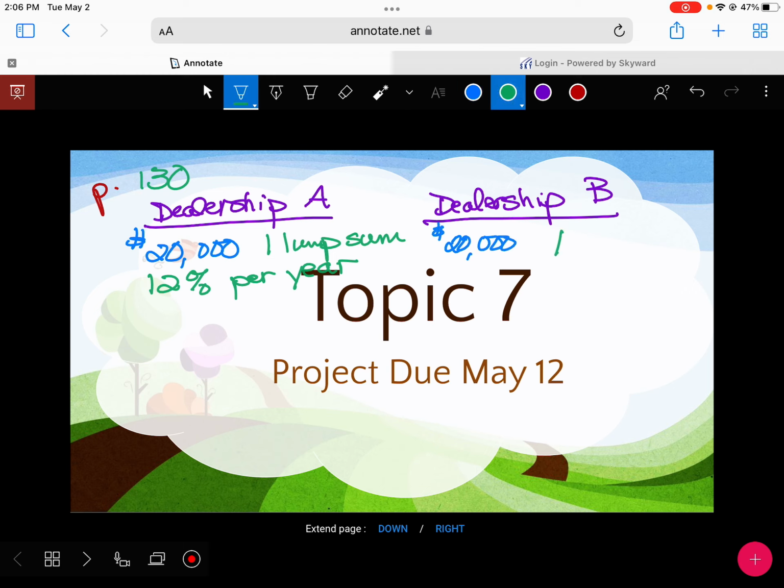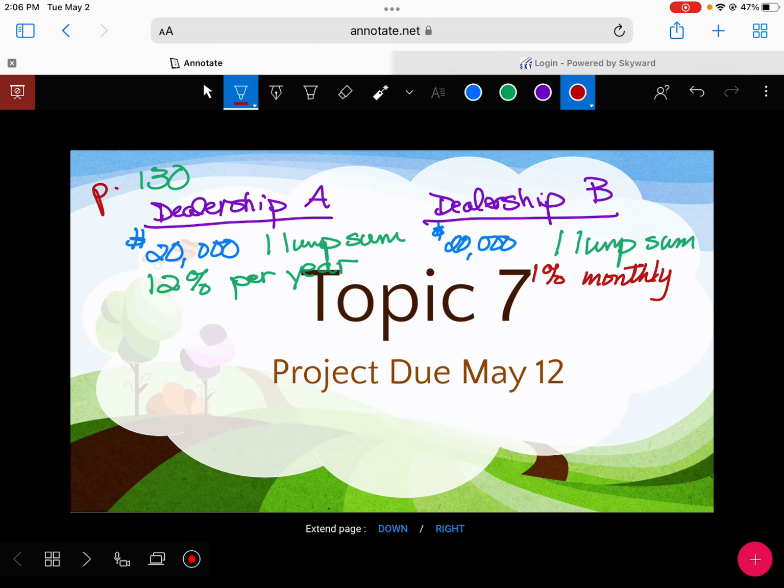We still are going to pay one lump sum. The difference is that we are going to be paying 1% interest monthly. So we need to figure out, are we going to get our car from dealership A or from dealership B?